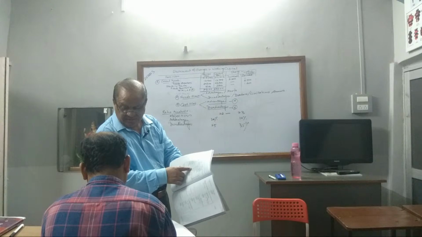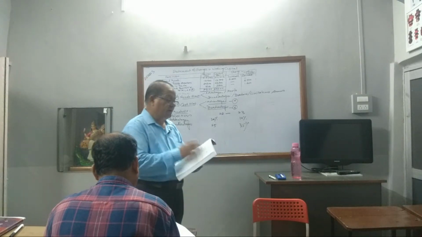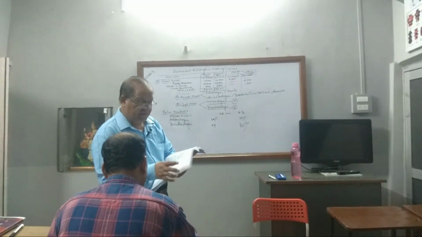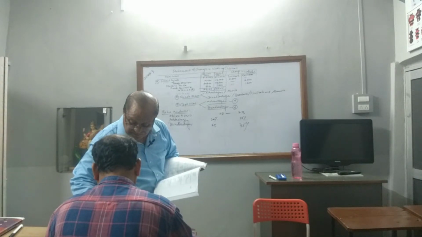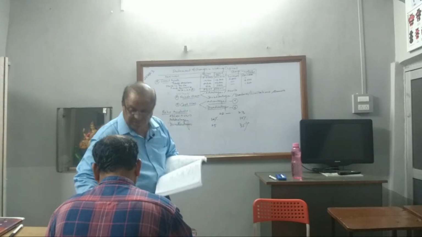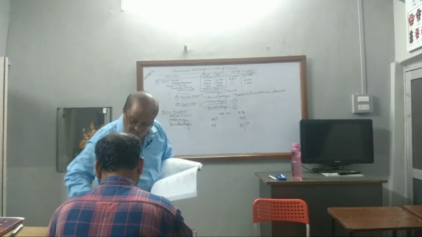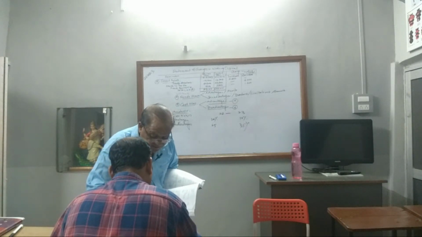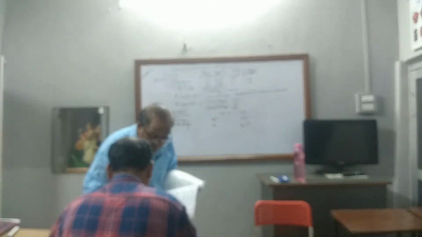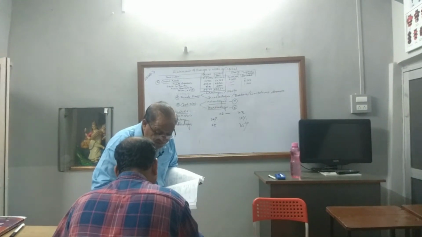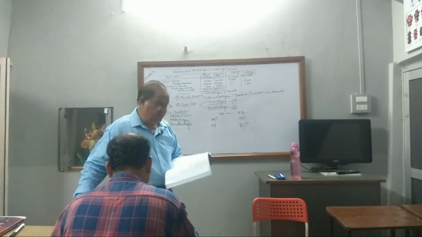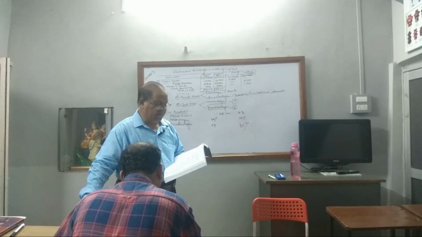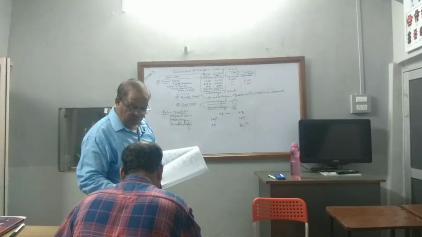Then this is divided by 10 lakh plus 5 lakh plus 1 lakh plus 4 lakh: equity share capital, preference share capital, reserves and surplus, and the profit and loss given. All this total is the shareholders' fund. So you will get 5 lakh divided by 20 lakh, 0.25 is to 1.